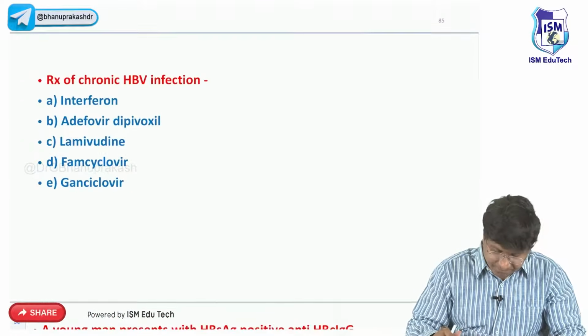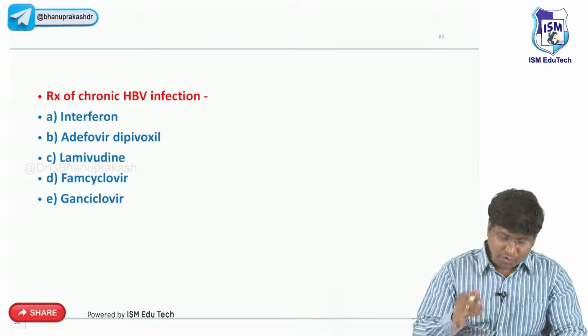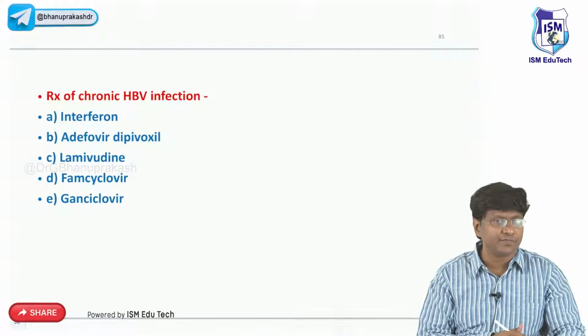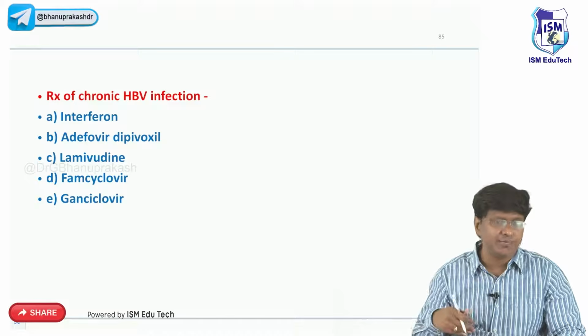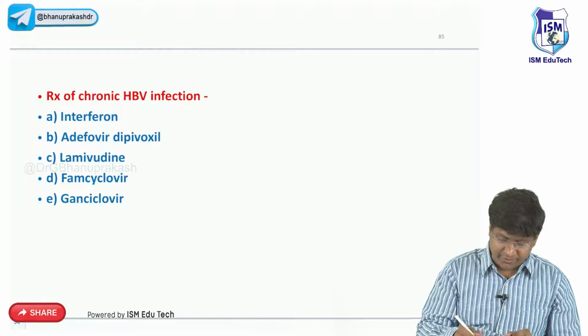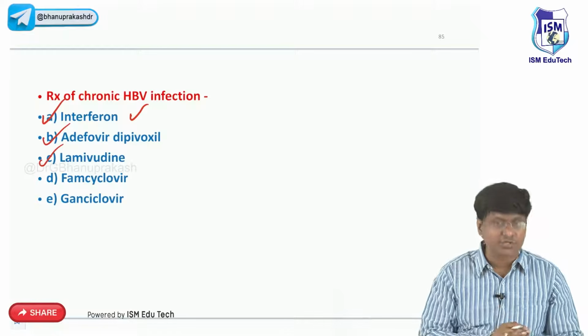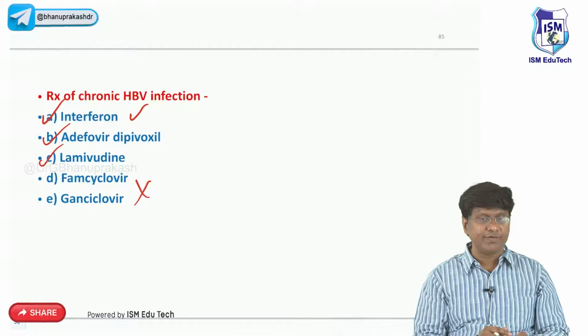Next, the treatment of chronic HBV infection. Which are the drugs given in the treatment of chronic HBV infection? We have a list of around 6 to 7 drugs. Among the options given to you, interferon is the answer, adefovir is the answer, lamivudine is also an answer. Famciclovir and ganciclovir we don't give for HBV.